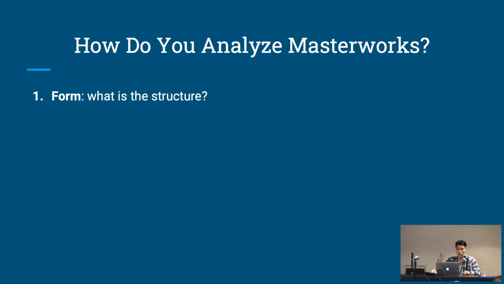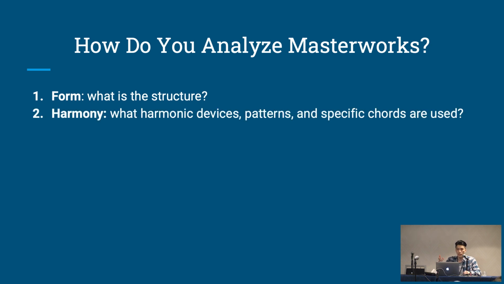Well, you guys are all experts, so I don't need to say anything. But mainly, I like to start from top to bottom. First, form. Just analyze the architecture of the piece. What is the structure? That is the first information you should turn to, because it clarifies everything and gives you a map of where you are in the piece. Second is harmony. What sort of harmonic devices, patterns, and specific chords is the composer using?